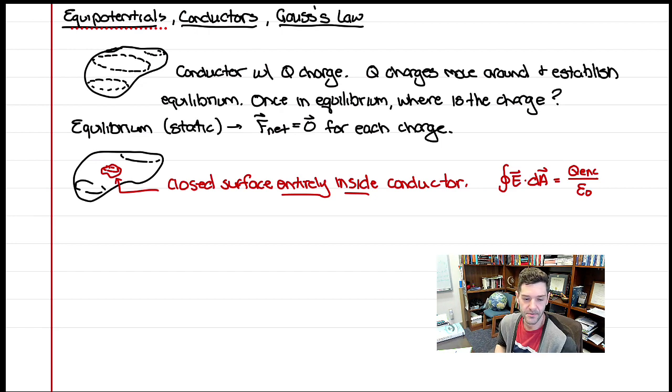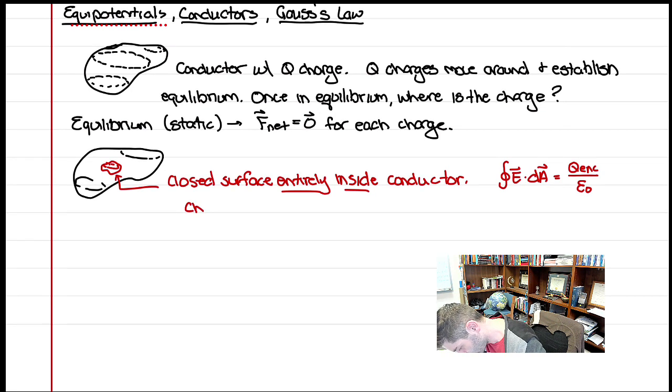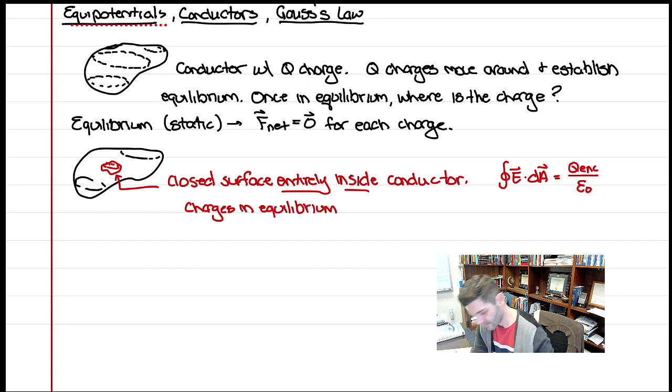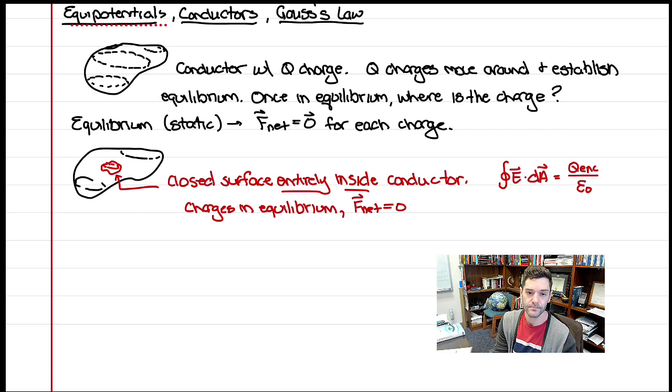And so then we can start to think about what's going on. The charges are in equilibrium, and again, we're asking ourselves, where are the charges? Charges are in equilibrium, which means F net equals 0 for each of the charges.